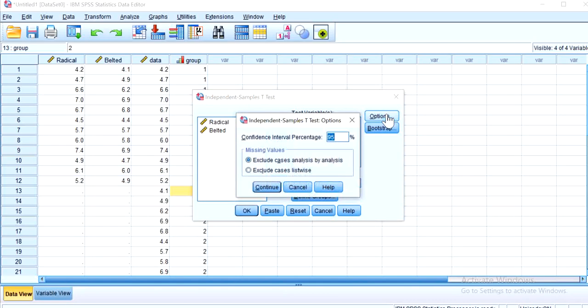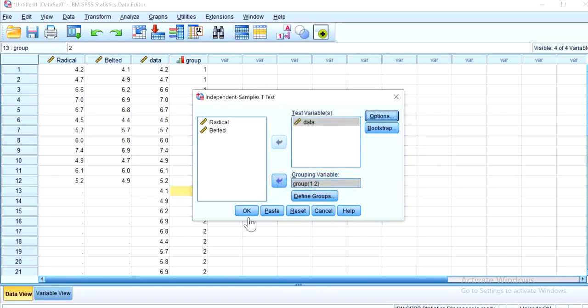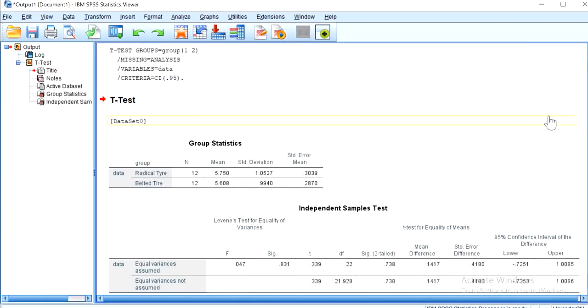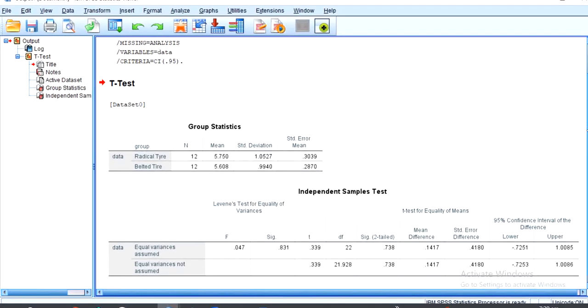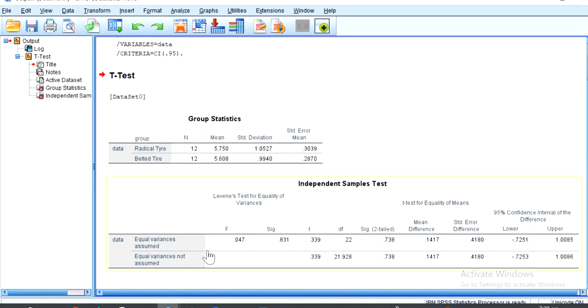Let's move to the options. That is fine if we need a confidence interval. If it is 95%, you can click it. Otherwise, there is no need to use it. Okay, so this is the output. Now, independent sample t-test.